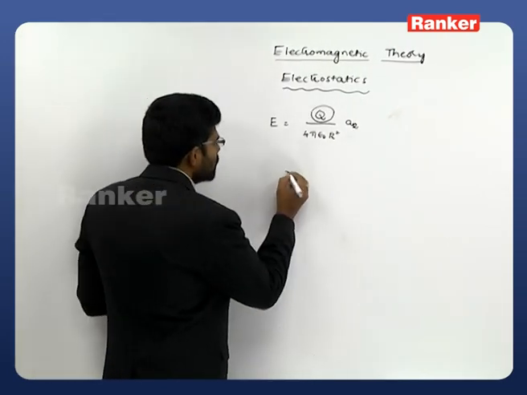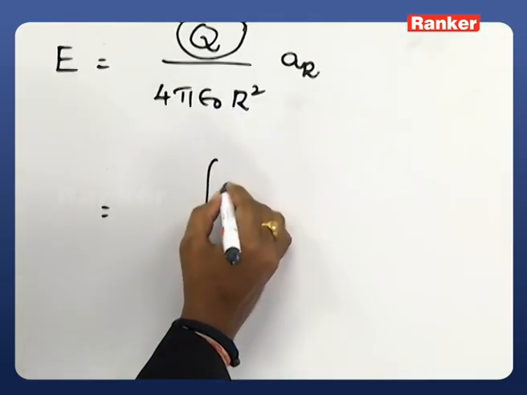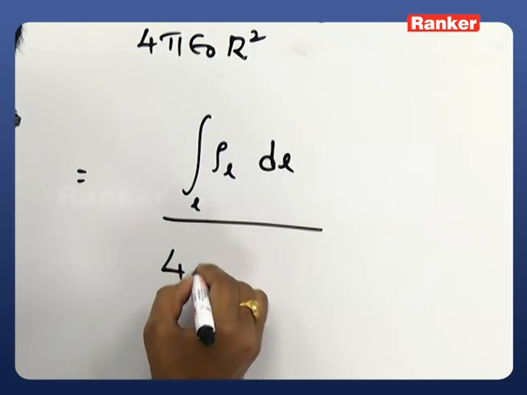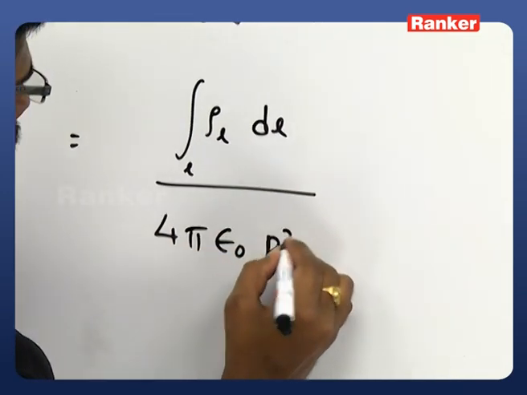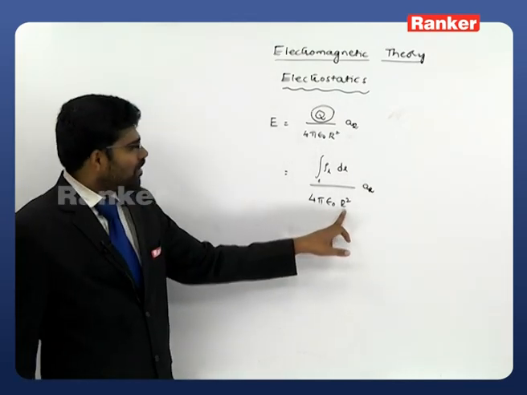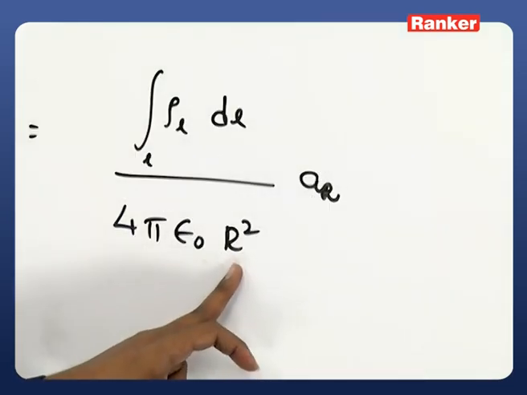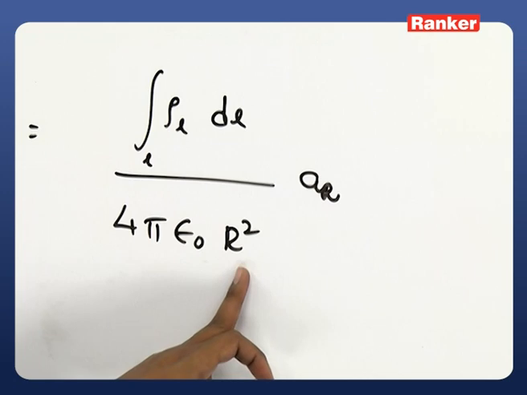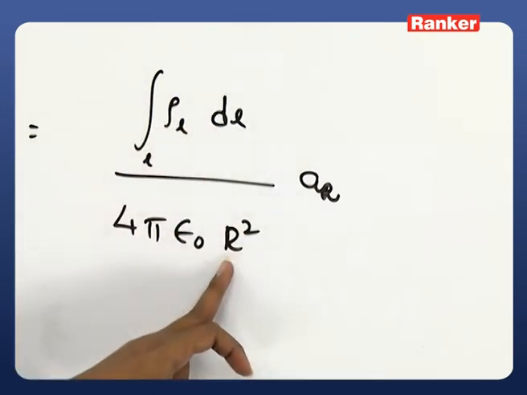As I said, just replace this Q with its equivalent in terms of line charge density: line integral of rho L dl by 4 pi epsilon naught r square a r. Here we need to consider the projection from the line to the point, where r is the distance, a normal drawn from the line to the point, and a r is in the same direction of r. This is the case of line charge.